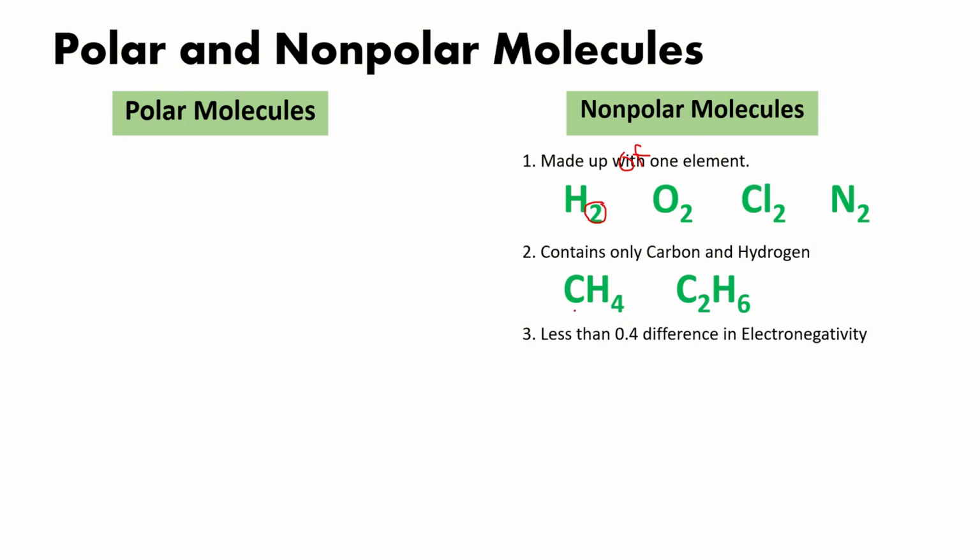And if they have less than 0.4 difference in electronegativity. Now, each of the elements in the periodic table has its own electronegativity value. Don't worry, you will be given the electronegativity values once you're doing tests or quizzes.